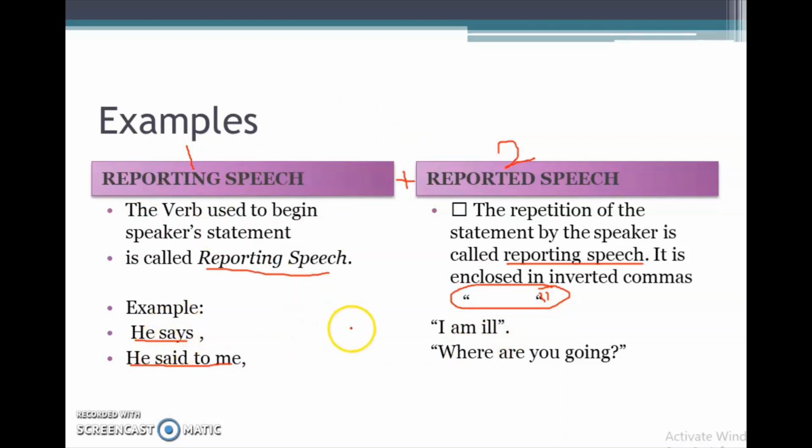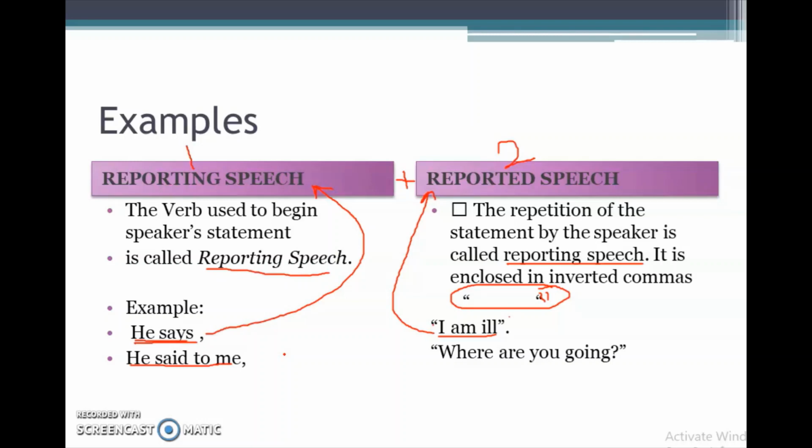An example is, he says, "I am ill." The first part of the sentence is reporting speech, and the second part that is enclosed in the inverted commas is called reported speech.